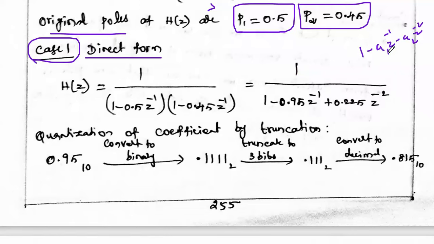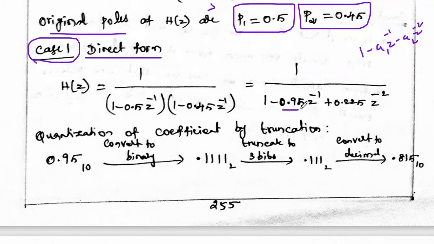To realize the given system in direct form, the denominator should be in the form 1 minus a1 z power minus 1 minus a2 z power minus 2, similarly minus a3 z power minus 3, etc., where a1 is a filter coefficient. In order to convert into this format, you multiply these two terms, and you get the answer like this. In this, a1 and a2 are filter coefficients.